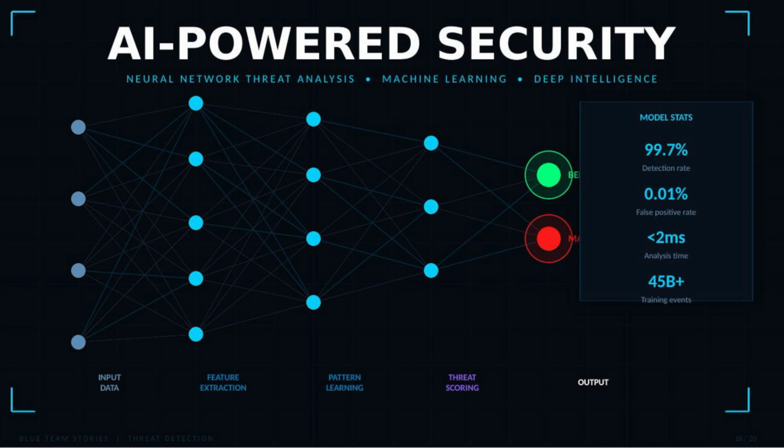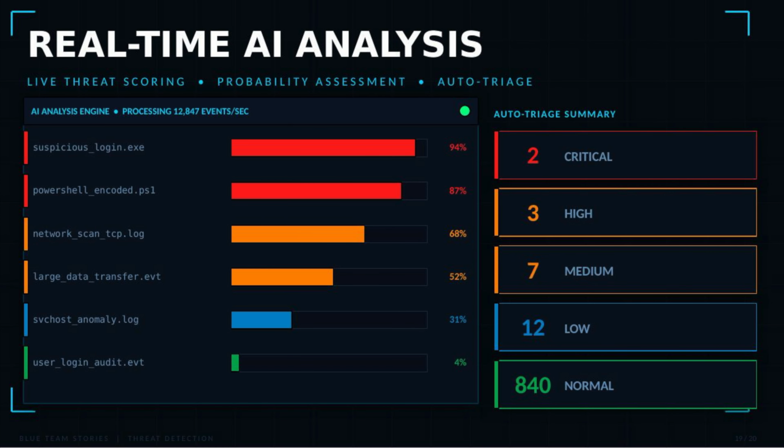AI systems solve this challenge by learning patterns of normal behavior and automatically identifying anomalies that may indicate attacks. Machine learning models continuously improve over time as they analyze more data, helping organizations detect threats faster and reduce false positives more effectively.